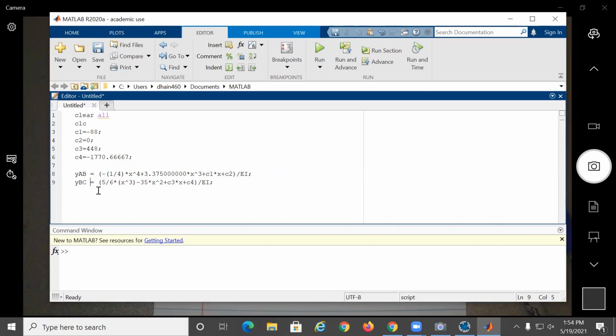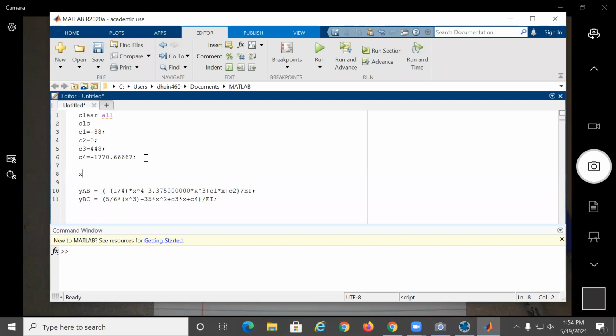So now the only thing I need to be careful about is that this needs to be plotted between two different intervals. So let's say x1 will be between 0, in increments of 0.1, up to 8. And x2 should be between 8, increments of 0.1, up to 14. Okay, so this one should be with x1. This one should be with x2.